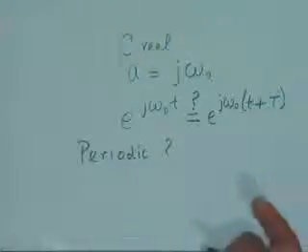If you go back to the definition of a periodic signal, if there exists a capital T for which x of t equals x of small t plus capital T, then the signal is periodic. So, can we find a capital T which will satisfy this?